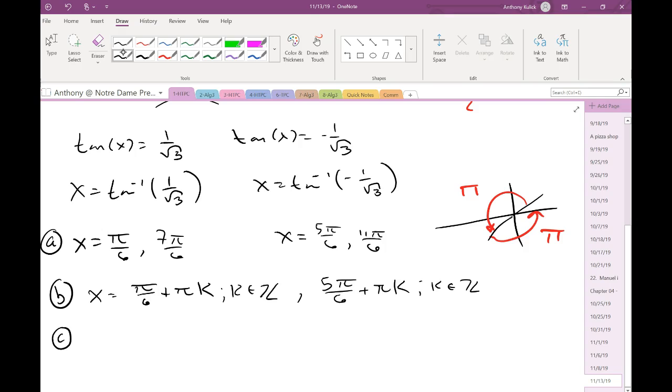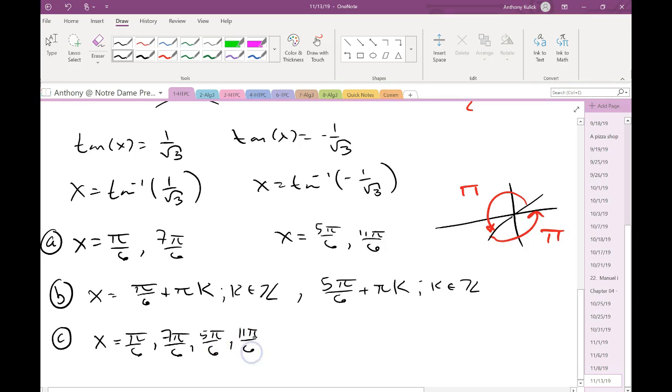All right, for C, obviously all my answers for part A are still answers for part C. Everybody agree with that? And then I also have to be concerned about things that I can, from 0 to negative 2 pi, or negative 2 pi to 0, I can also have answers in there.